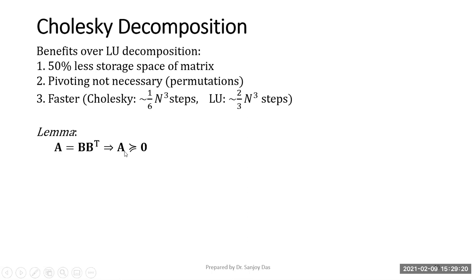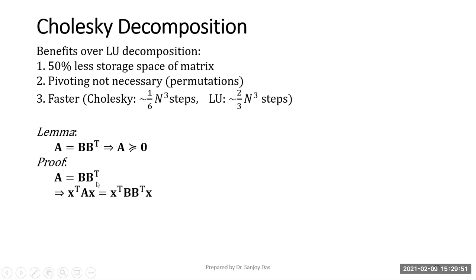Then A is positive semi-definite. Proof: A is BB transpose, right? Now, what is the definition of positive semi-definiteness? X transpose AX should always be greater than or equal to 0, right? So for any vector X, let's do X transpose AX.